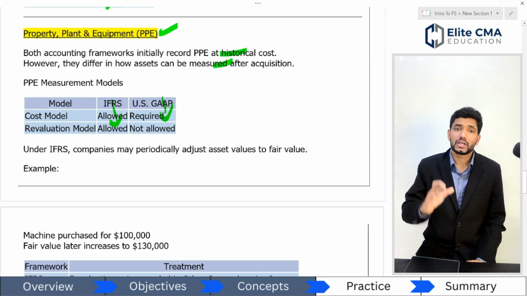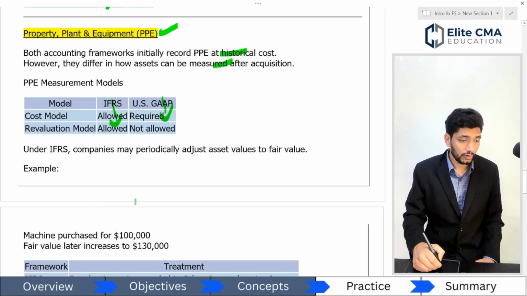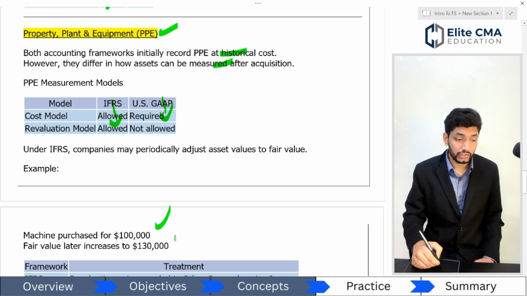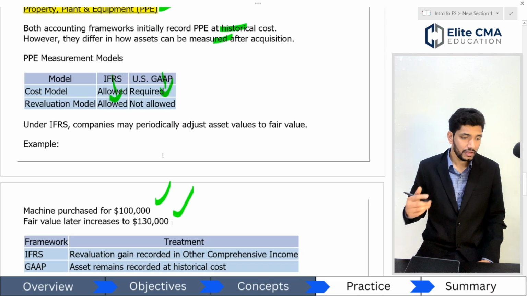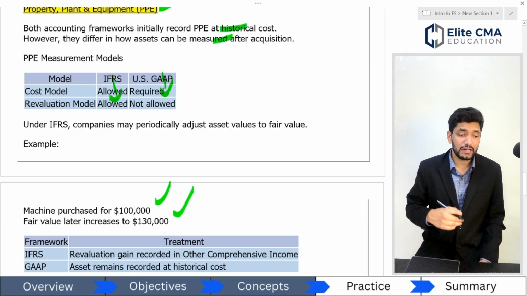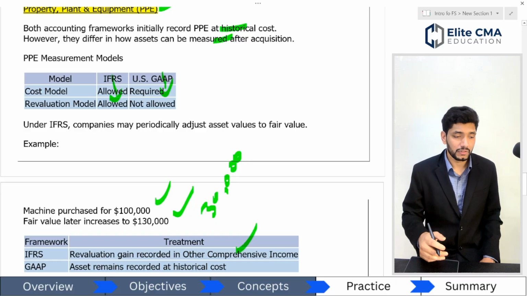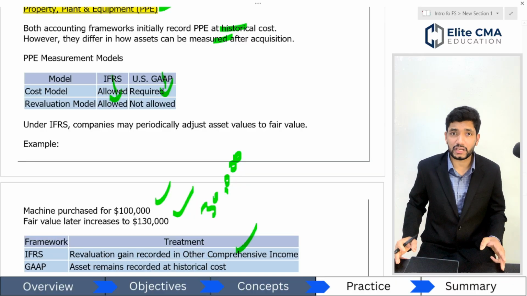That means, if you've purchased a machine for 100,000, and the fair market value increased afterwards to 130,000, in IFRS the revaluation gain is recorded in other comprehensive income. There is a revaluation gain here, that is 30,000, which is recorded as other comprehensive income. But in US GAAP, the asset remains recorded at historical cost.